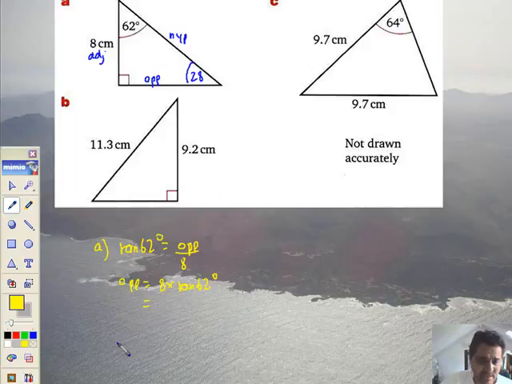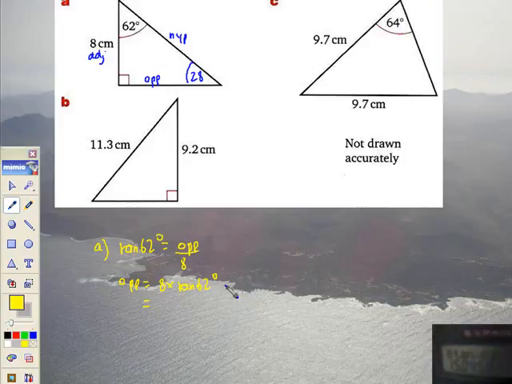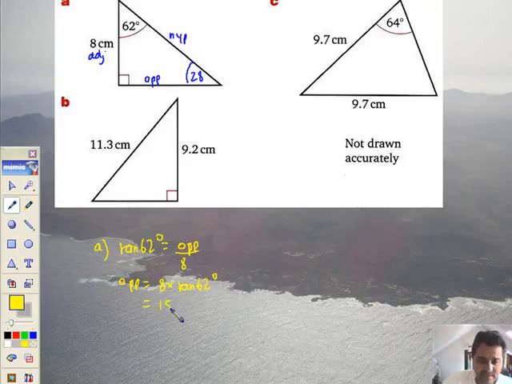You don't need to show a second step, you don't need to ask the calculator what tan 62 is and write it down, just jump straight in. So 8 tan 62, press equals, and we've got 15 point nothing, 15.0 it is, so the opposite length is 15.0 centimeters, and I'll leave that alone.